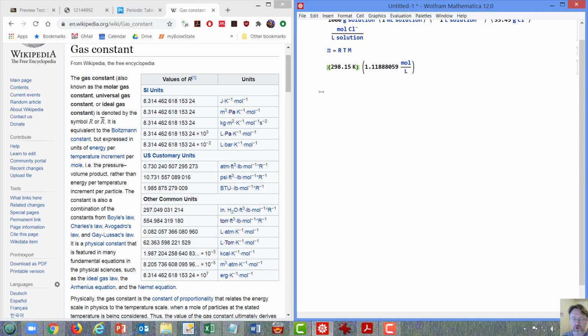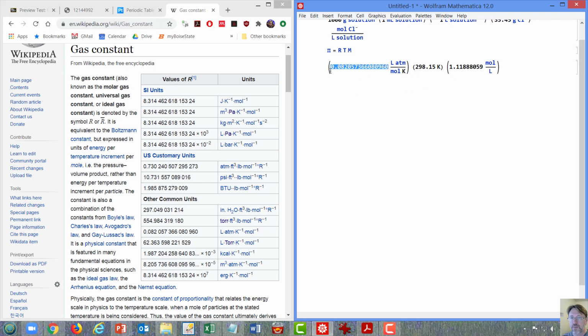So our value for R is going to be 0.082057366080960. We certainly don't need that many, but liters atmospheres per mole Kelvin. And if we look through here, we see liters cancel, moles cancel, Kelvin cancels, we're left in atmospheres.